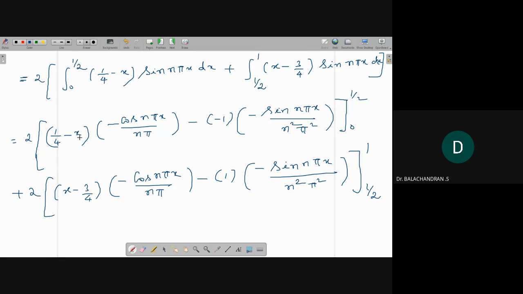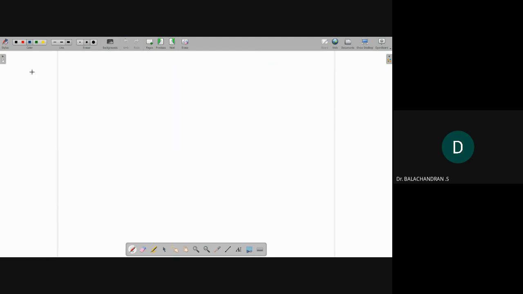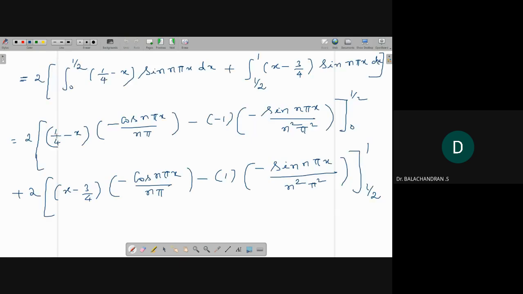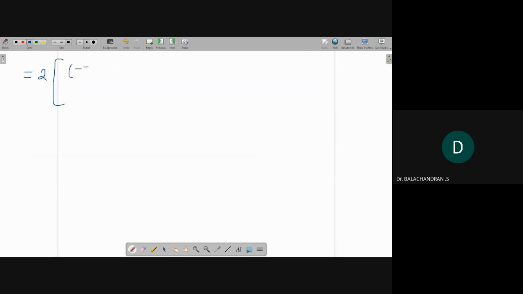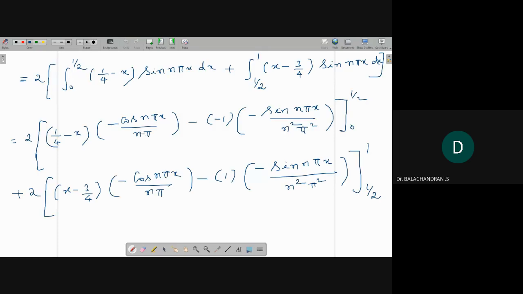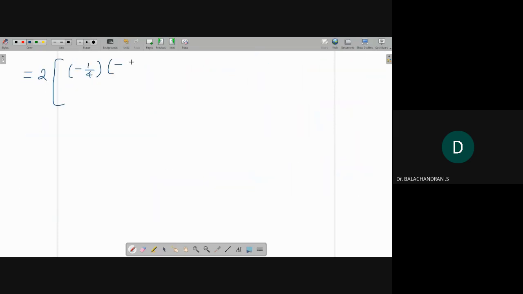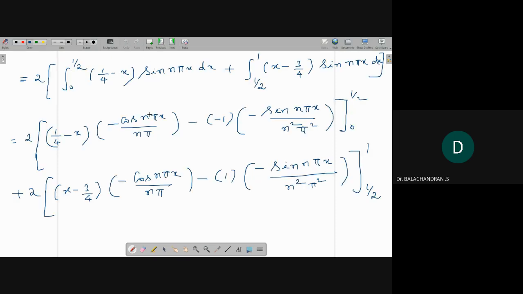So this is equal to 2 into, 1 by 4 minus 1 by 2 is minus 1 by 4, into minus 1 by n pi, that's 1 by n pi, and then cos n pi x is equal to pi by 2, so cos n pi by 2.